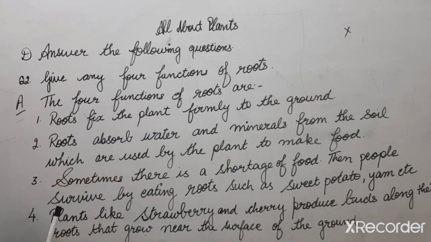So plants like strawberry and cherries produce buds along their roots that grow near the surface of the ground, which start growing automatically by themselves near the surface of the ground. Okay, so these are the 4 functions of a root.